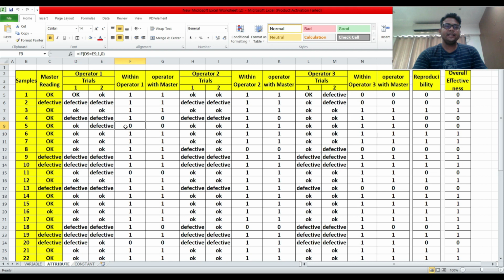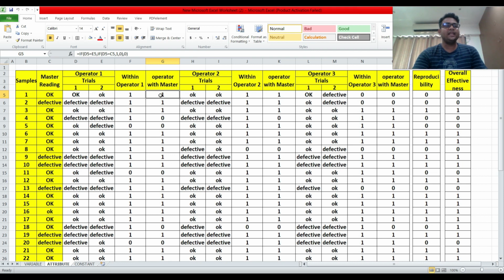So here it is false, not matching, so here it is written 0.